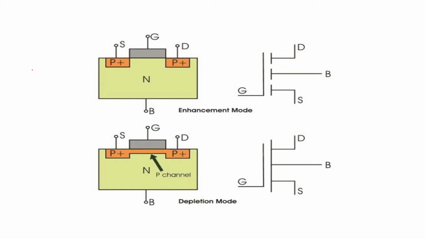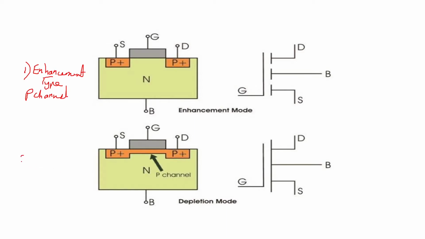Here we'll see the structure of P channel enhancement type and depletion type MOSFET. On top you see the first one as enhancement type, P channel. Channel means there will be a channel between source and drain.